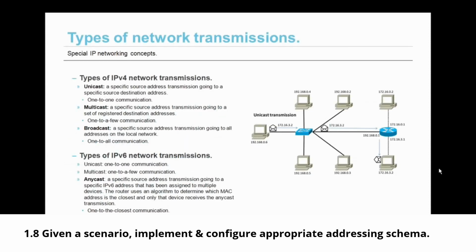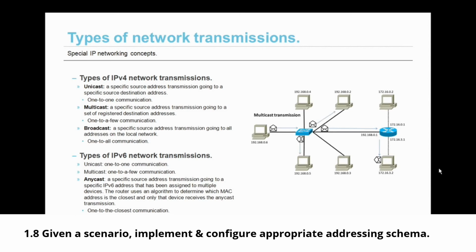We're going to begin this section by talking about types of IPv4 network transmissions, and first up is unicast. Unicast is a specific source address transmission going to a specific destination address. It can be thought of as one-to-one communication. It's only two devices transferring data between each other.